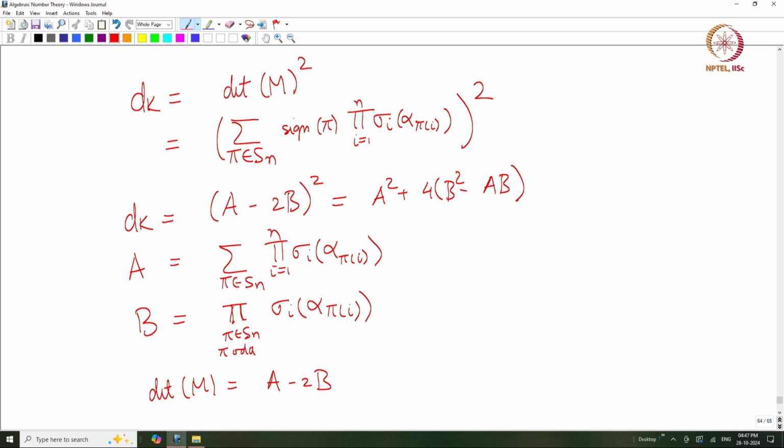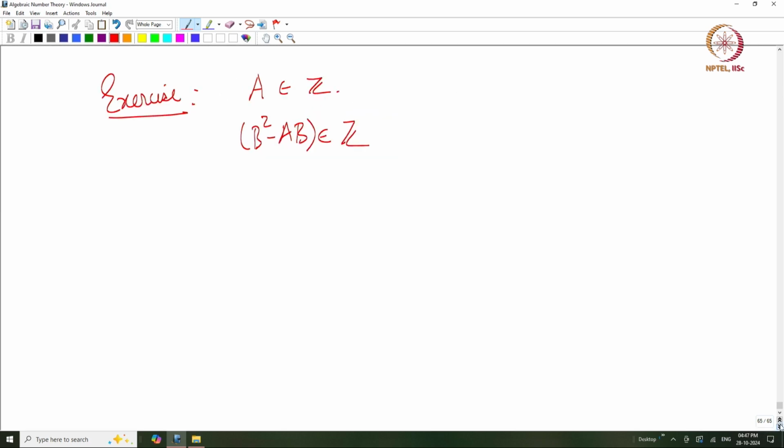So, it is a rational number, but it is also an algebraic integer, so it is in Z. So, I have practically solved the exercise for you, and so you get that dK is A squared mod 4, but now you have written it as a square of an integer modulo 4. So, dK is not the square of an integer, but modulo 4 it is like the square of an integer. So, that is why it is 0 or 1 mod 4.